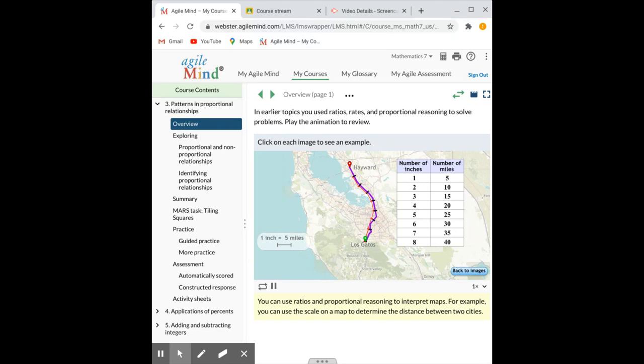And so in all, there were 8 inches from Los Gatos to Hayward, right? Yes. All right, since there were 8 inches from Los Gatos to Hayward, that means that there are how many miles in that distance? 40. Will you read that down there at the bottom too, Vincent?